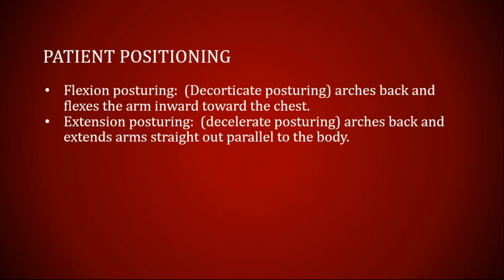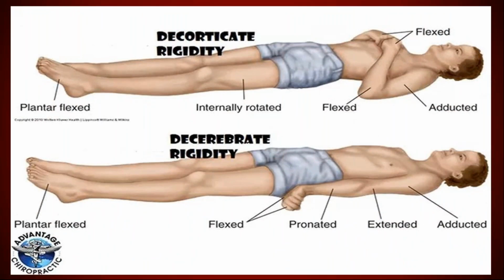Decerebrate posturing is when the arms and legs might be extended away from the body. So these two signs, if we see them in our patient, are very concerning. Again, this is going to be a mark of a central nervous system injury or a head injury. So this is what those two positions look like.